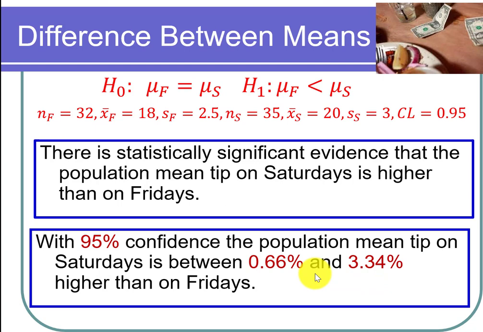When you have negative, that means that the first is smaller than the second. So we can say with 95% confidence, the population mean tip on Saturdays is between 0.66 and 3.34 higher than on Fridays. So Saturday is a better day to work for this wait staff.